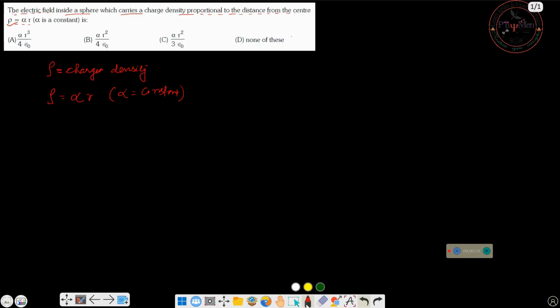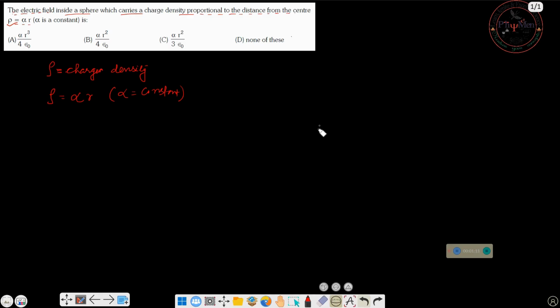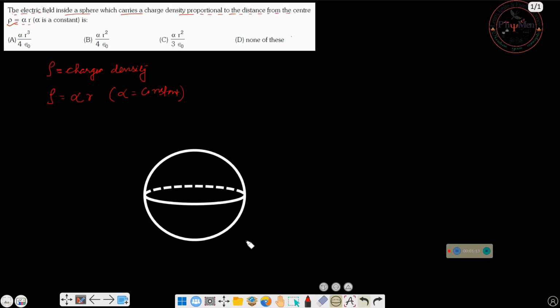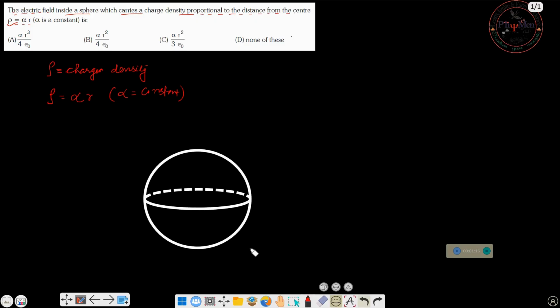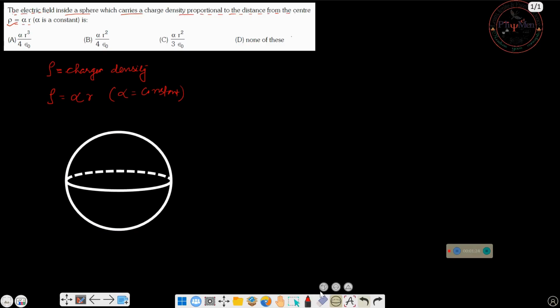So now let me draw this sphere first. If this is your center, you see its charge density varies as r, that is, rho is equal to alpha r.